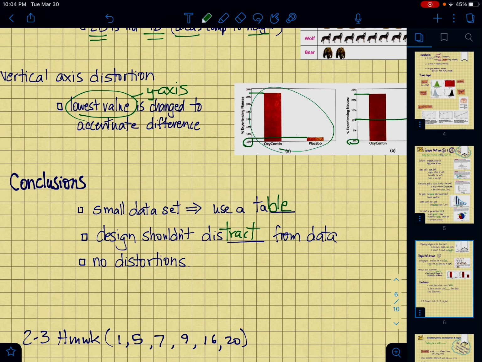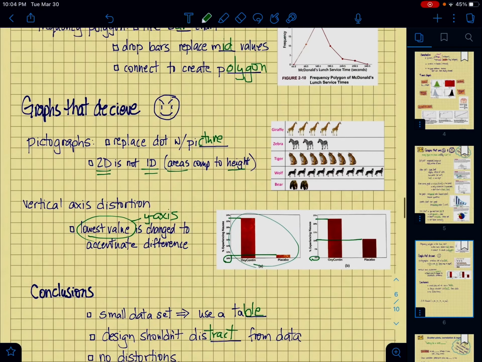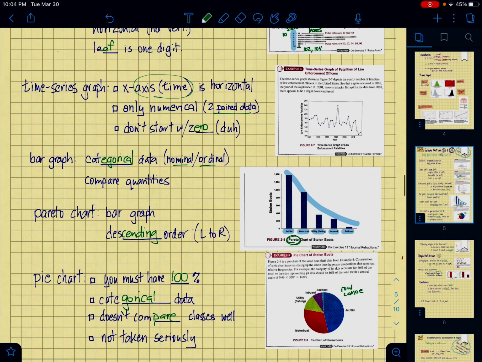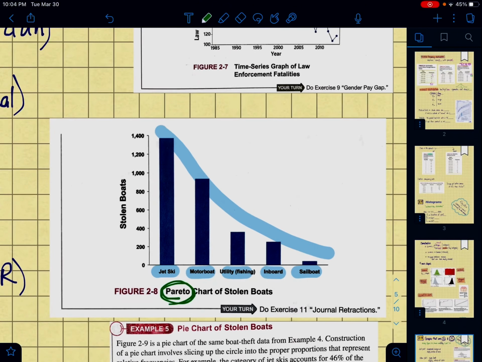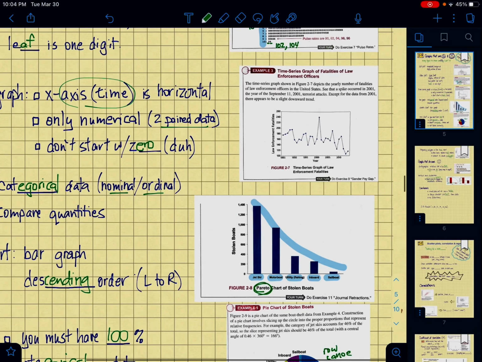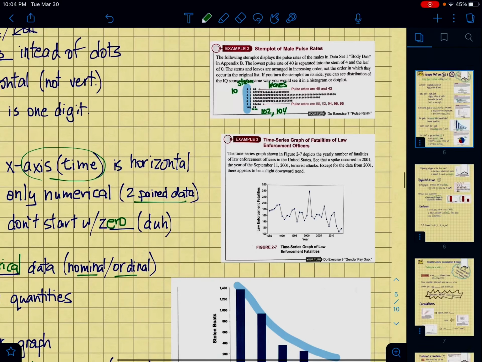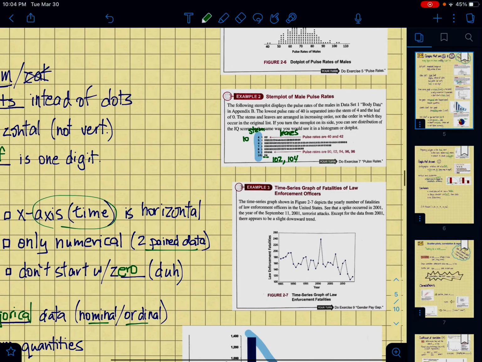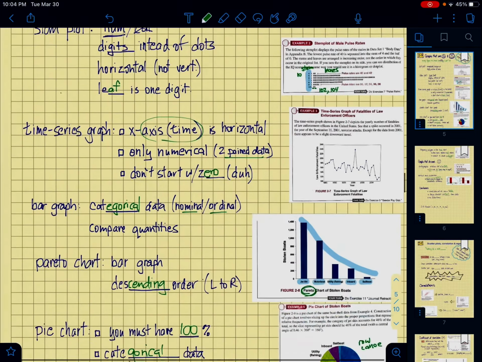Don't distract from the data. Pie charts tend to distract. You want to pick a graph that helps inform your argument, right? If you want to make an argument about comparative values which are going down, do that. If you've got time, make sure that you use a XY axis so that you can see that. All right?